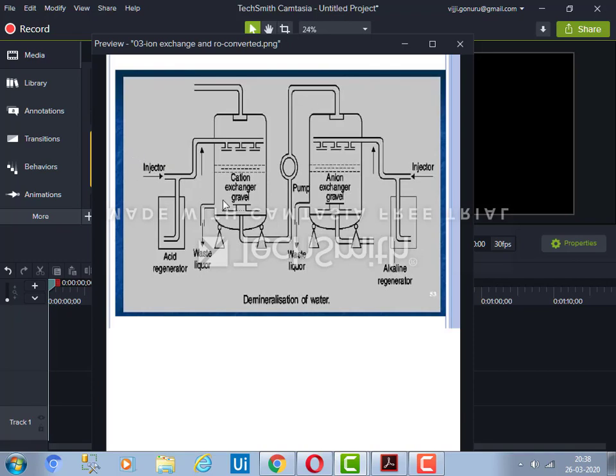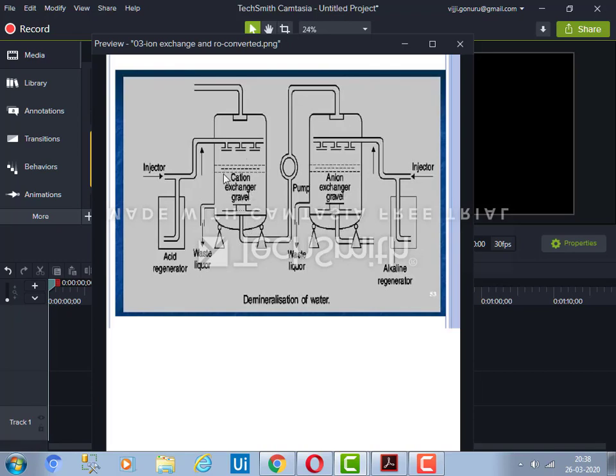This is the diagram for demineralization of water. The other name of the ion exchange method is demineralization of water. It has two chambers: the first is called the cation exchange chamber and the second is called the anion exchange chamber.